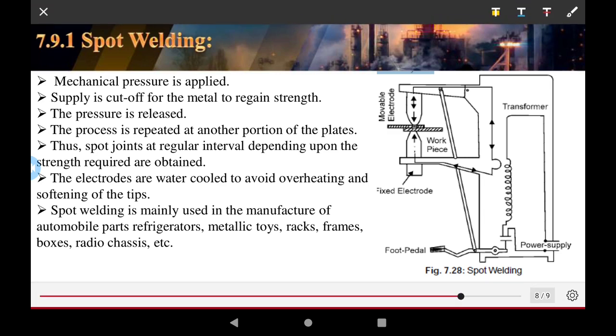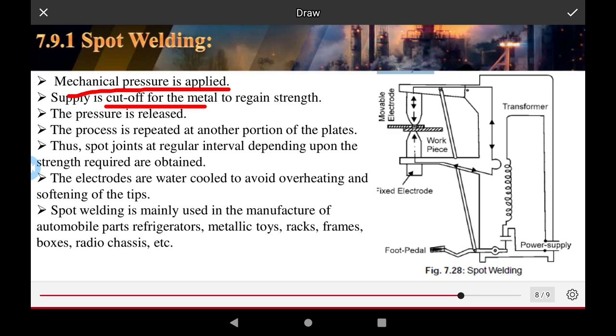In spot welding, the mechanical pressure is applied. The metal regains its strength, and the pressure is released. The process is repeated on another portion of the plate. This is one plate, and another is the second plate.